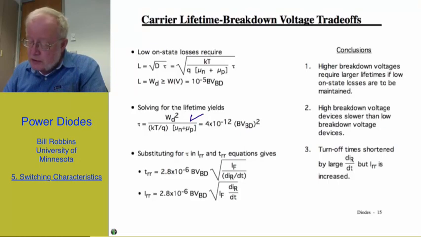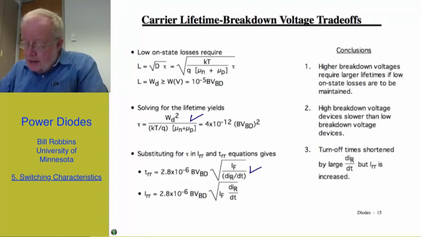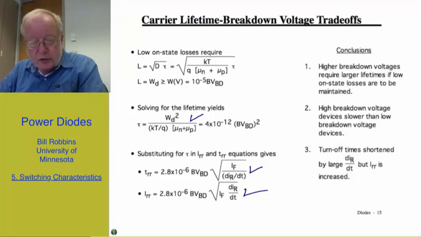I can substitute this expression for carrier lifetime into the equations for T sub RR and I sub RR, and these are the results. T sub RR gets larger as it's linearly proportional to the breakdown voltage that you want, and so is I sub RR, the reverse recovery current.